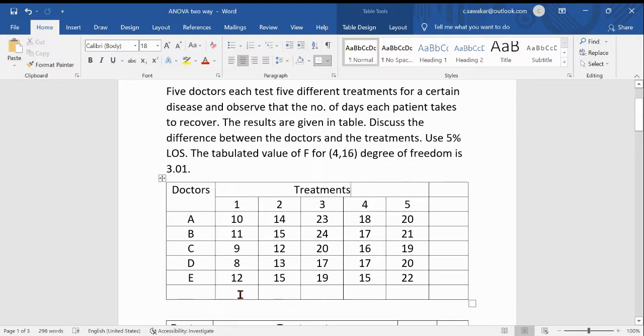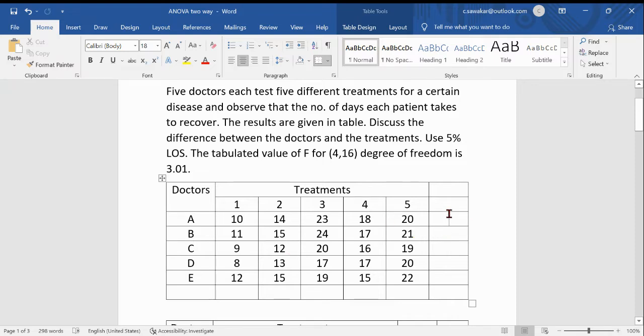First I will find the summation of all these columns and all these rows. The sum of 10 plus 14 plus 23 plus 18 plus 20 will be my R1 value. 11 plus 15 plus 24 plus 17 plus 21 will give me my R2 value.